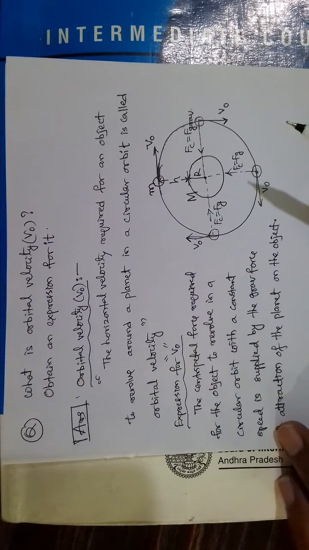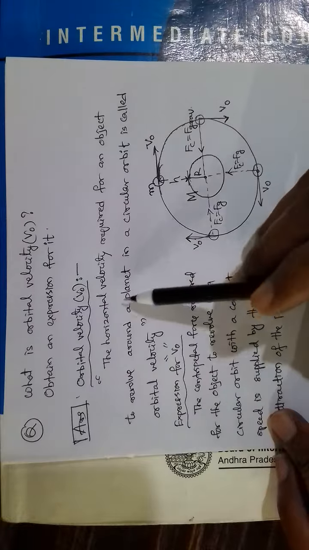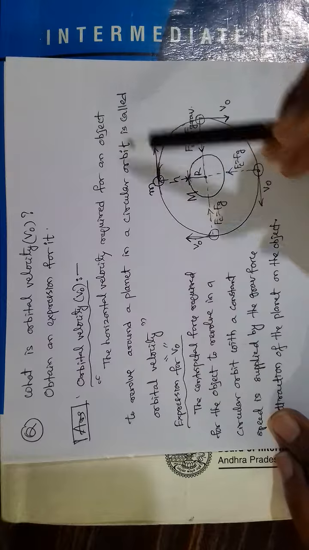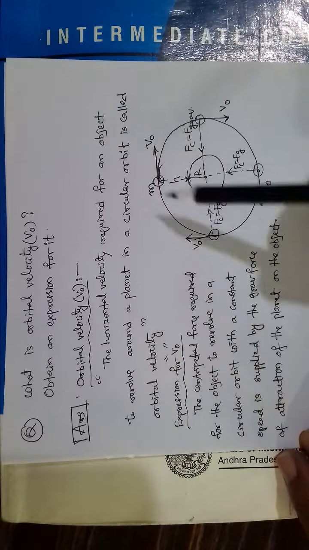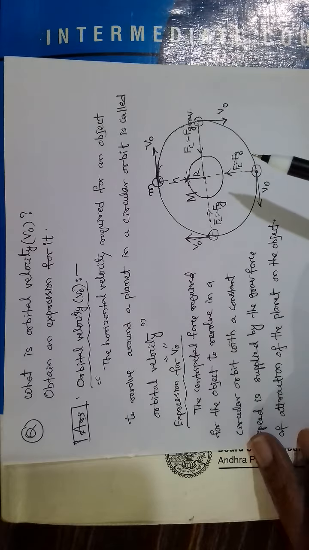What is orbital velocity? Obtain an expression for it. Let us see the definition. The minimum horizontal velocity required for an object to revolve around a planet in a circular orbit is called orbital velocity.